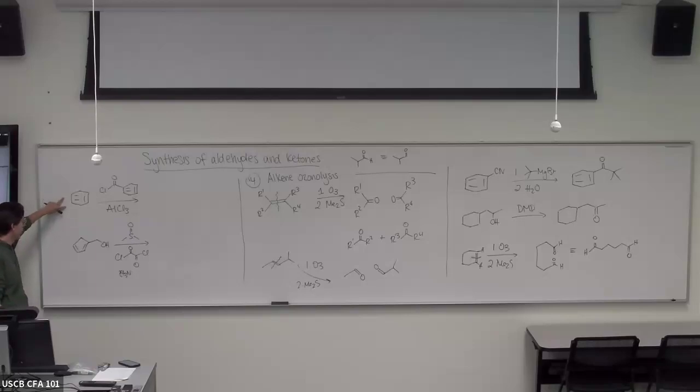Okay, this one is pretty clearly AlCl3 Friedel-Crafts acylation. So what happens here? We make a bond between the benzene ring and the carbonyl carbon. If there was a substituent on here, a directing group, then you would have to take into account directing effects and all that, but not in this case. Chlorine's going to be gone.